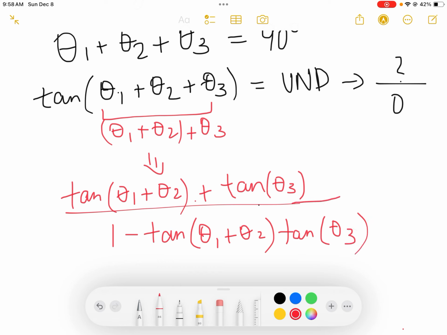This is our expression so far. Let's keep working with it.